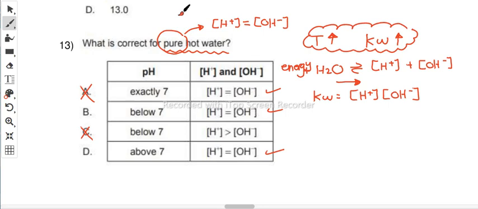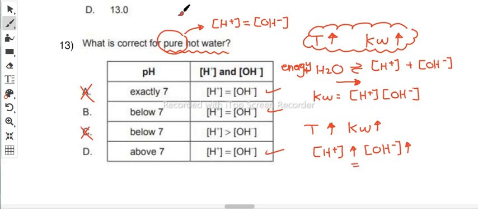Going back another time to the question: if the T increases, Kw will increase. Both H positive and OH negative will also increase, but they will increase by the same amount. Because of that, they will stay equal, so they will not change.